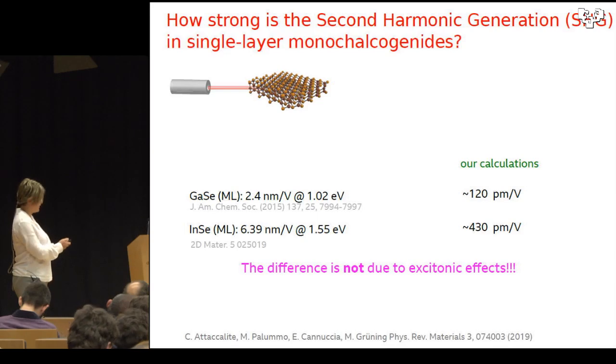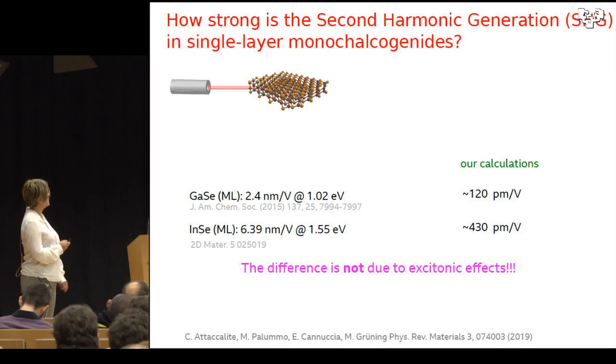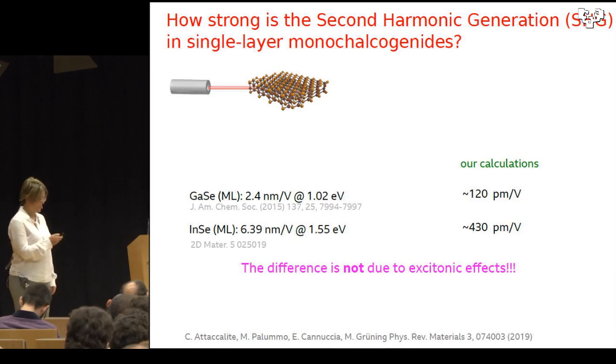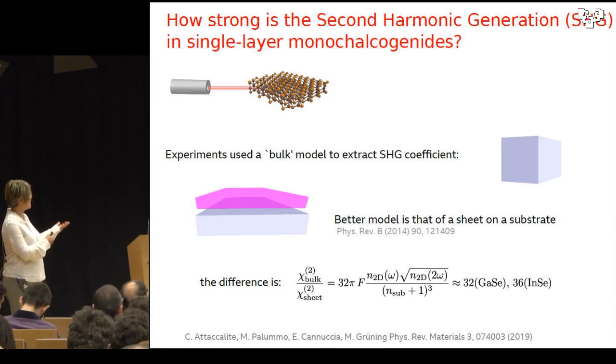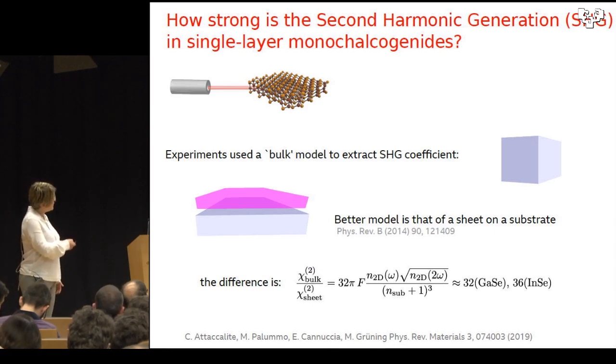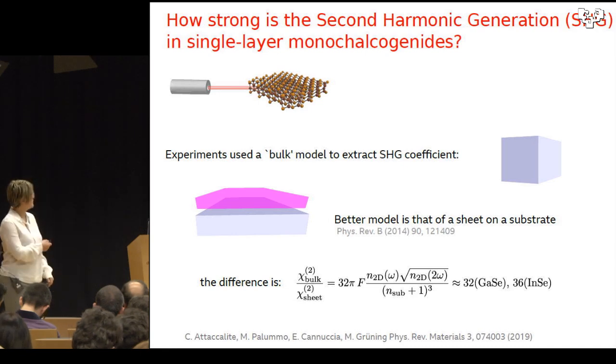So if we go back, it's about a factor 20 between what we calculated here and what is measured. So we believe that the problem is the fact that the experiments are using a bulk model rather than a sheet on a substrate.